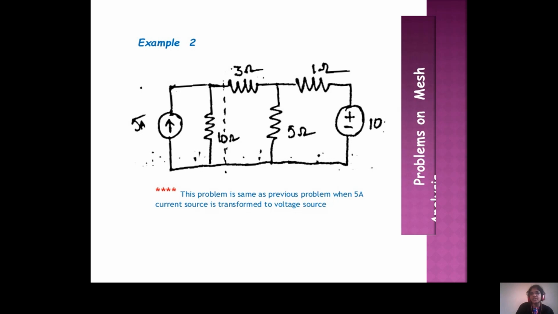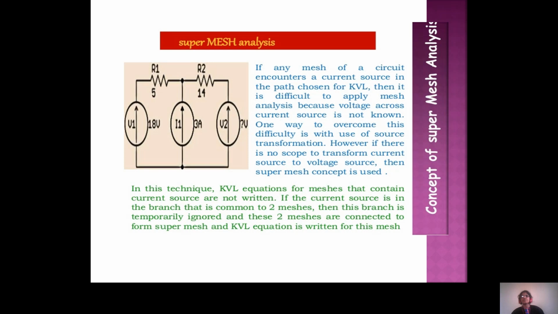That is 5 amps and 10 ohms in parallel. We get V equal to I into R, where I is 5 and R is 10. 5 into 10 is 50. This 50 volt source is in series with the 10 ohms. Then it becomes one loop.